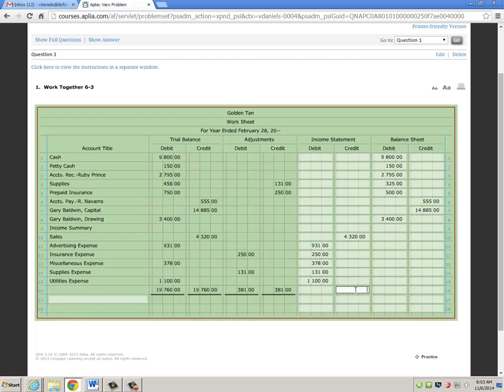Now what we have to do is we have to total straight down the columns. If I total straight down, I get 4320 here. I'm going to start totaling things. 555 plus 1485. This would be, I believe, 15440. 9800.